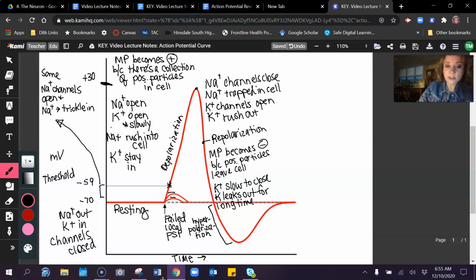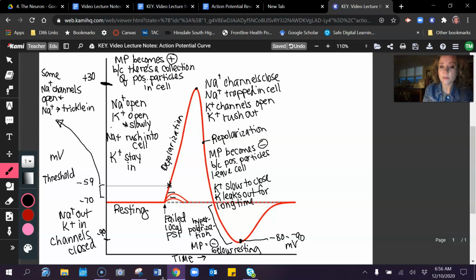What's happening to our membrane potential is that it becomes more negative, below resting. At this point, we're probably looking at about negative 80 to negative 90 millivolts. I'll put it on the graph here, negative 90. So it goes pretty negative.